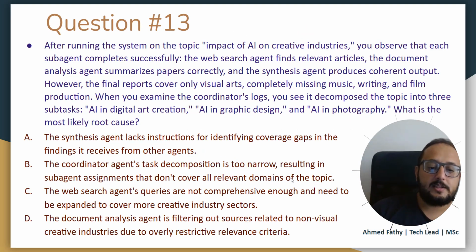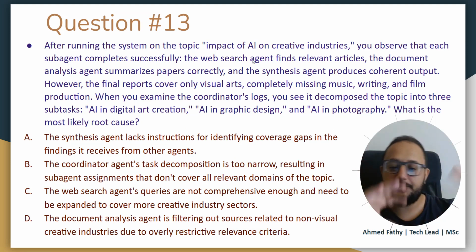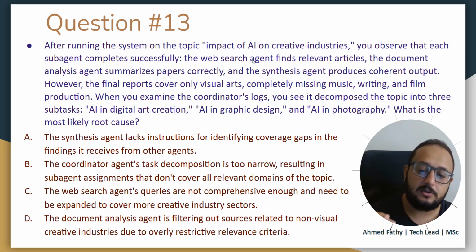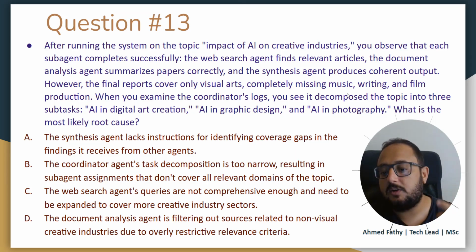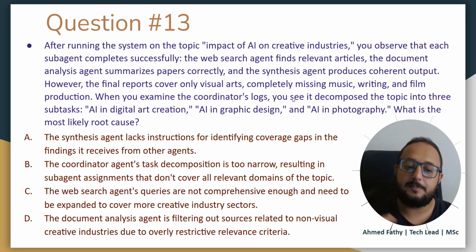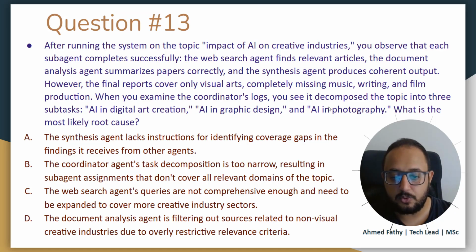Okay, now for the question again. What is the most likely root cause where you have a couple of different agents and sub-agents and a coordinator, and then the result is not exactly what you would like? When you examine the coordinator's logs, you see it decomposed the topic into 3 subtasks: AI in digital art creation, AI in graphic design, and AI in photography.